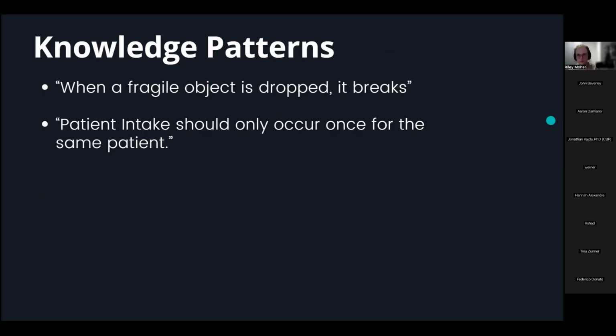So to get the intuition for knowledge patterns, here's a couple examples of some domain-specific process knowledge that is instantiating parts of our process ontology. So something that looks fairly specific, right? To say that maybe I'm dealing with some kind of manufacturing scenario, and I want to say that when a fragile object is dropped, it breaks, or our earlier example from the healthcare domain saying patient intake only occurs once for the same patient.